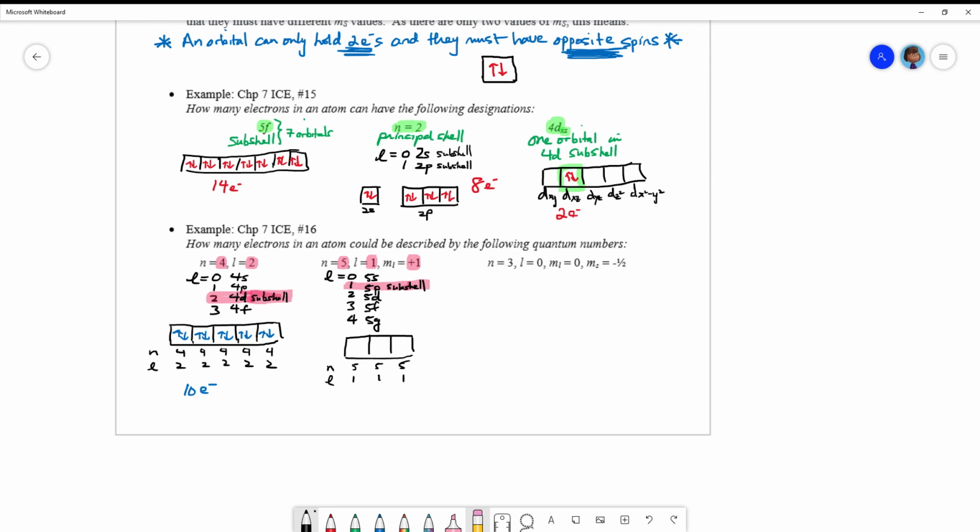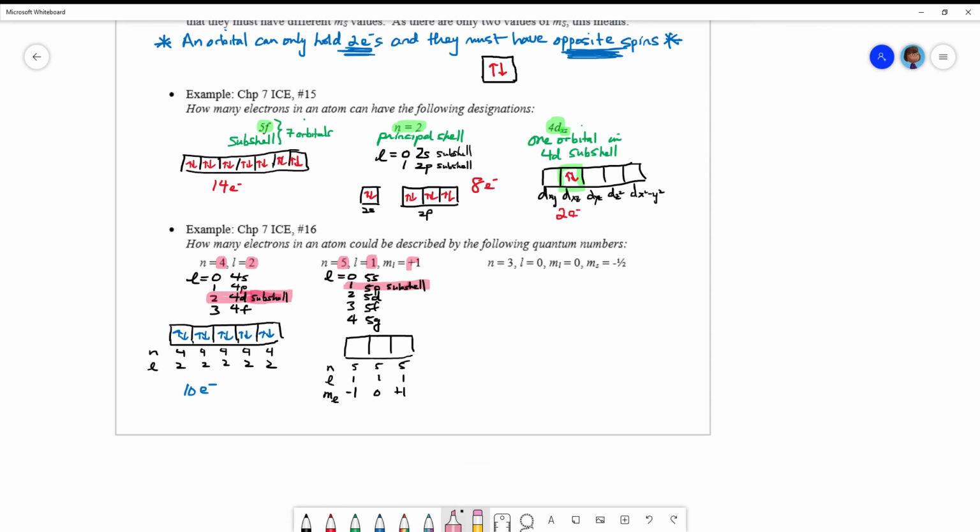But we have information other than n and l. We have the m sub l value. Now, do these three orbitals have the same m sub l value? No. We know that when l is equal to 1, m sub l is equal to -1, 0, and +1.